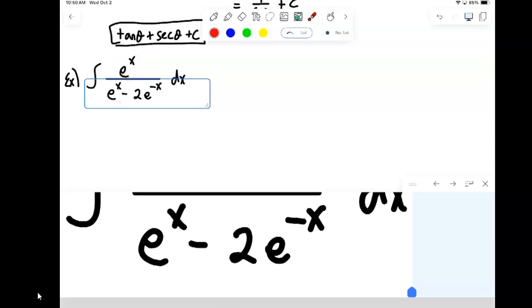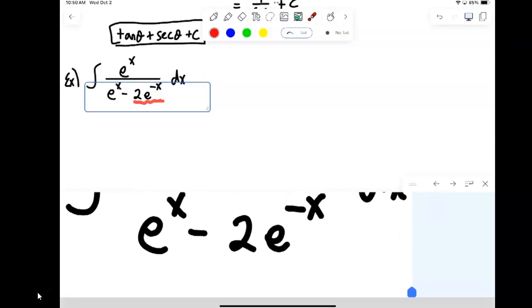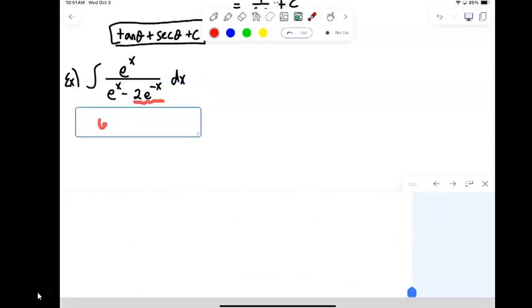So I do have an e to the x up there that could address letting u be that, but then I still have this stuff here. So if I went to u right now and let u be e to the x, I'd have u minus 2 over u.